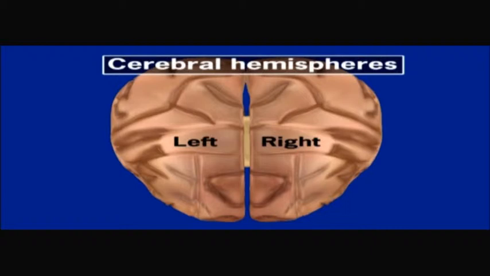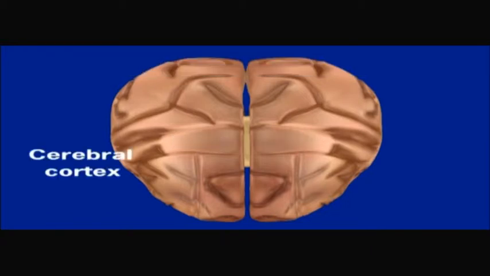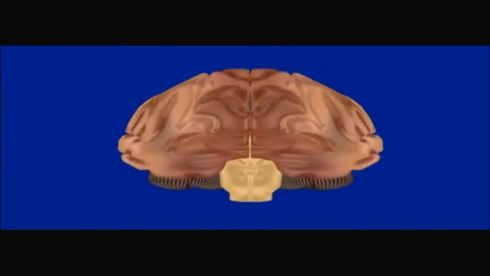The outer part of cerebral hemispheres is dull grey in color with bodies of neurons, called cerebral cortex. The surface of the brain gets folded and forms ridges and grooves. The elevated ridges are called gyri and the furrows or grooves are called sulci. The gyri and sulci increase the surface area of cortex so that more neurons can be accommodated.